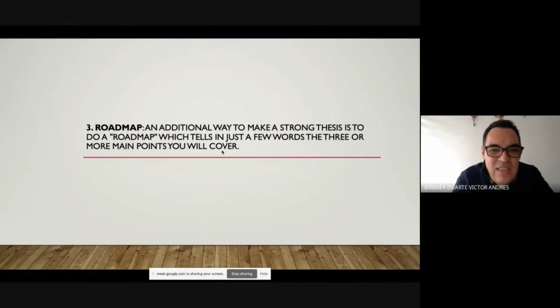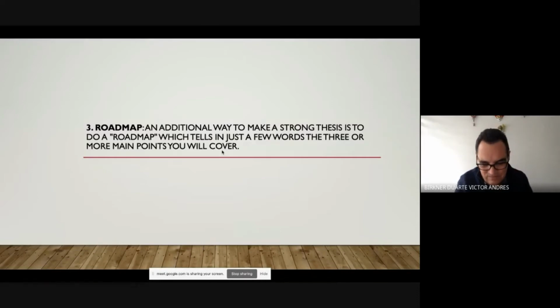All right. Then we're going to move to the third strategy that is called roadmap. The third strategy is stronger than the previous one and is the strongest of the three strategies, right? It's more complete, and you will see why. An additional way to make a strong thesis statement is to do a roadmap.